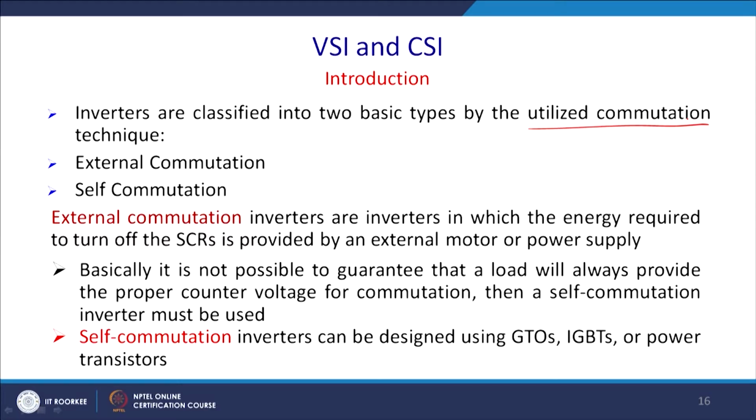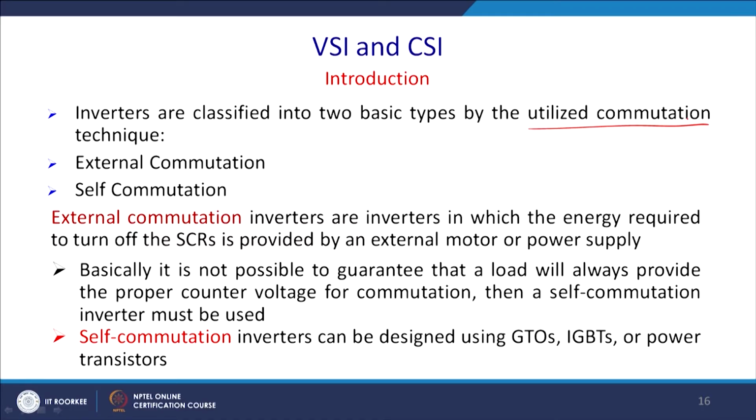Inverters are essentially classified into two basic types based on the utilization of the commutation technique. Previously, since power electronics came into the picture with the advent of thyristors, these two terms were quite important.